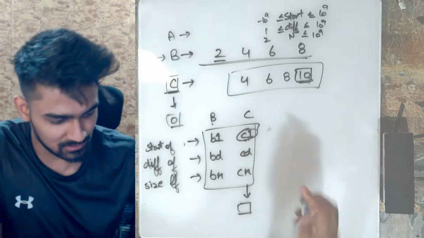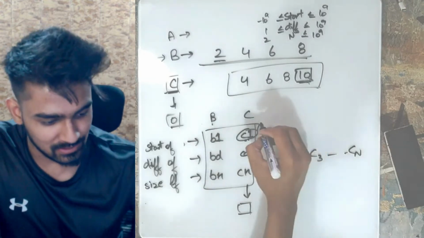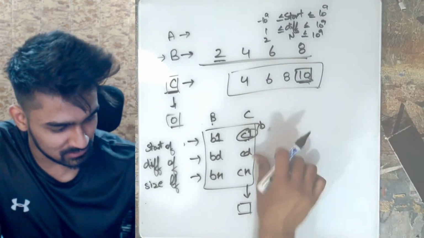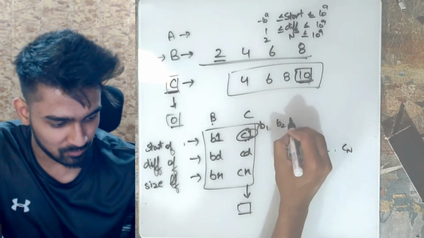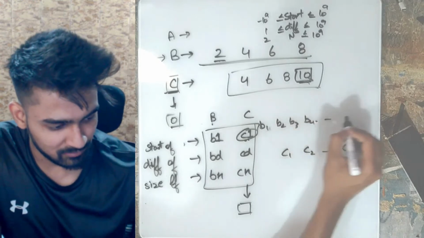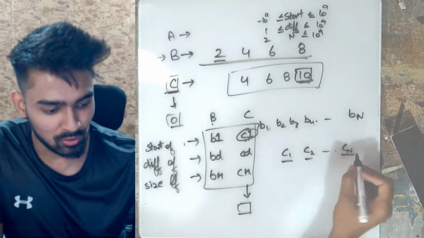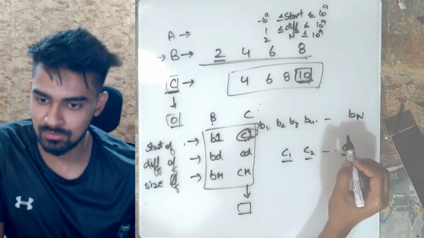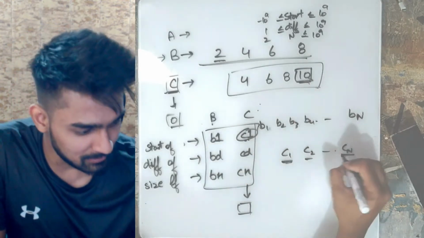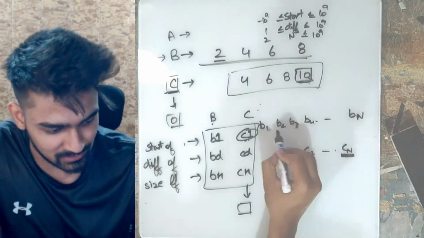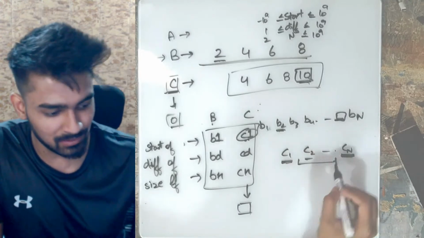Basically, if C is C1, C2 till Cn, and B is B1, B2, B3, B4, B5 till Bn, we know C1, C2, Cn are all common elements of A and B. If the first and last elements of C are present, then all the elements in the middle would also be present.